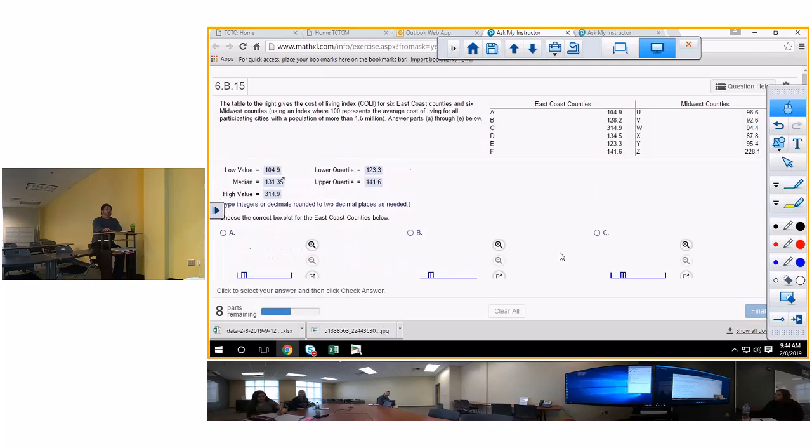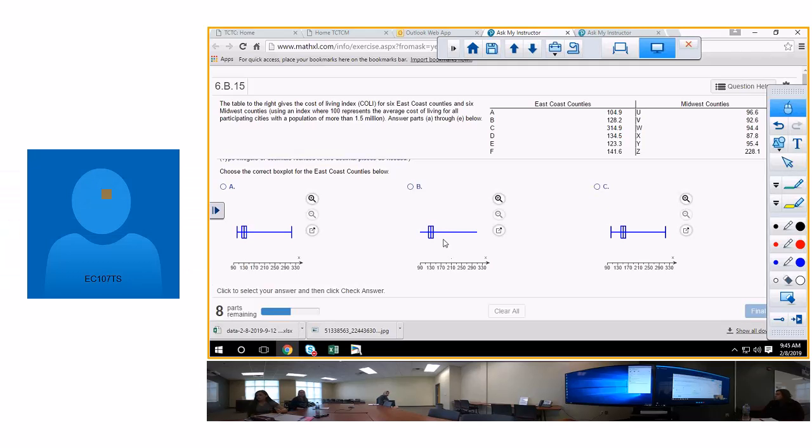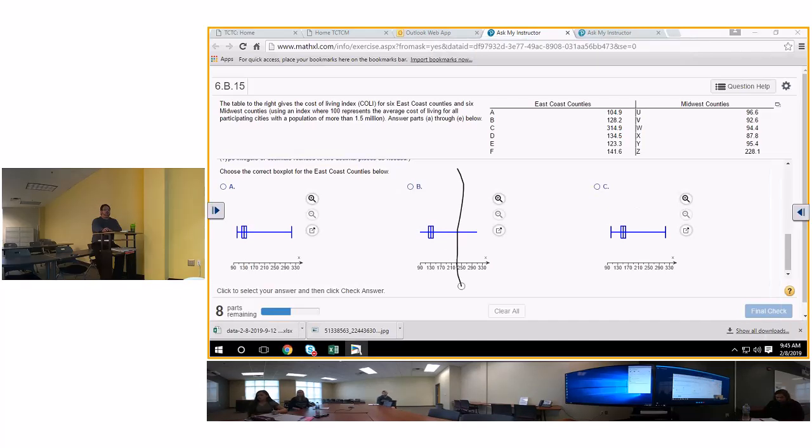All right. So what did our East Coast look like? Now, see, the East Coast and the Midwest, they should put the two together so you can actually compare them. But what you're looking for, first of all, you can't have this. Why? There's no end bars. Exactly. So B is not it. So you take your handy dandy X and you put it through that.